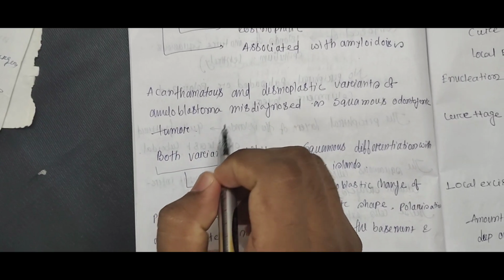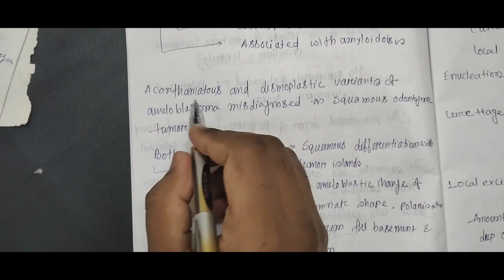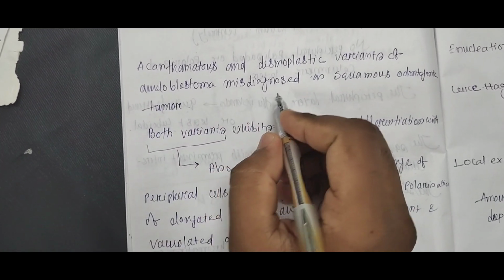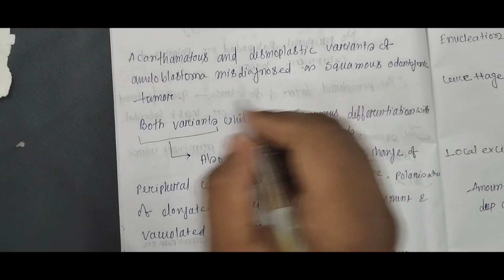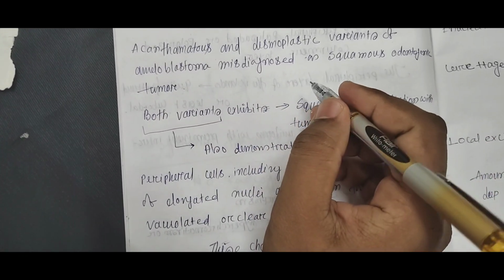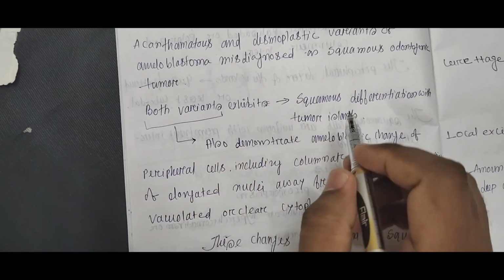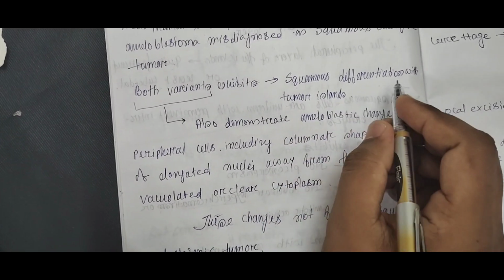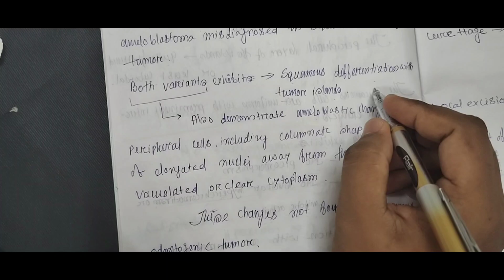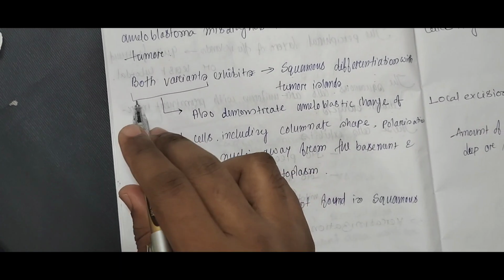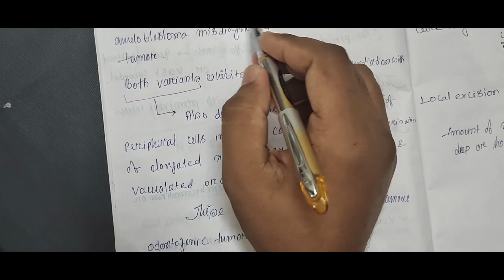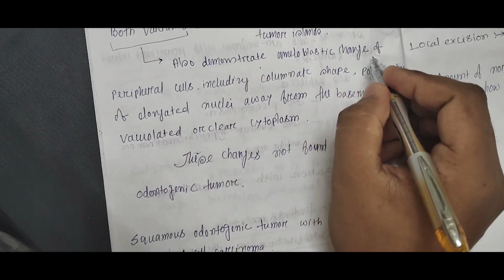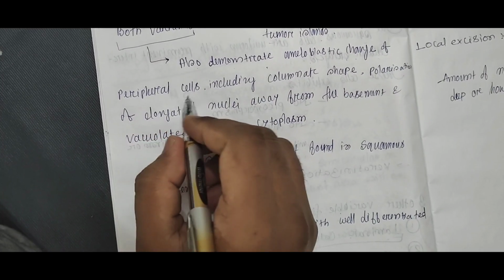Earlier we discussed misdiagnosis: acanthomatous and desmoplastic variants of ameloblastoma are misdiagnosed as squamous odontogenic tumor. Both variants exhibit squamous differentiation with tumor islands as in the squamous odontogenic tumor, but these two variants also demonstrate ameloblastic changes of peripheral cells.